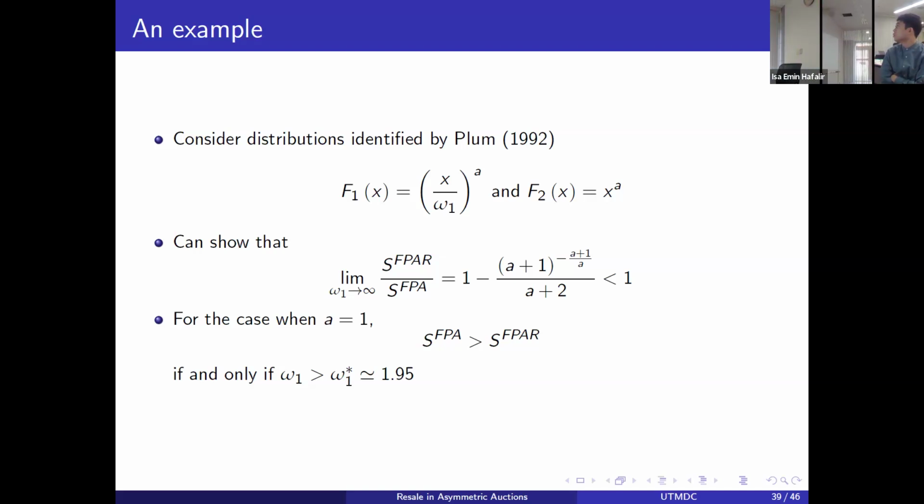Let's fix W2 to be 1, and for arbitrary A and for arbitrary W, what you can show is that for arbitrary A, we get a necessary and sufficient condition for the revenue ranking between the first price auction with resale and the first price auction without resale, for the surplus to be greater than each other.